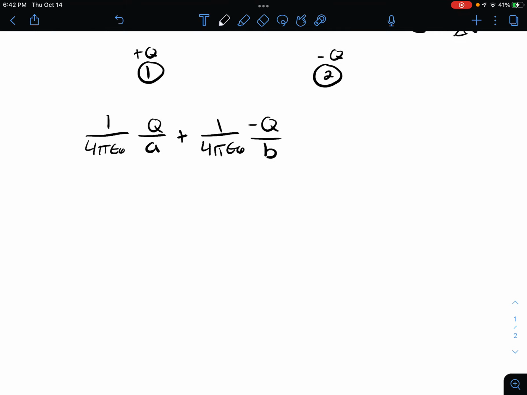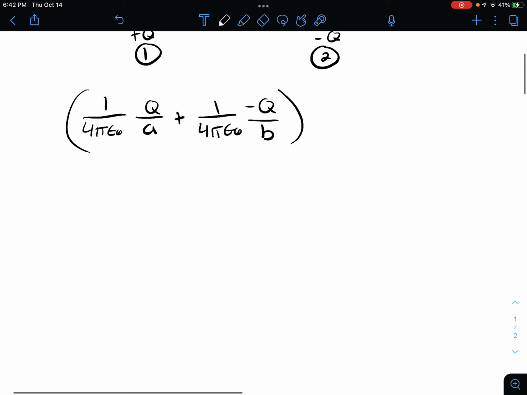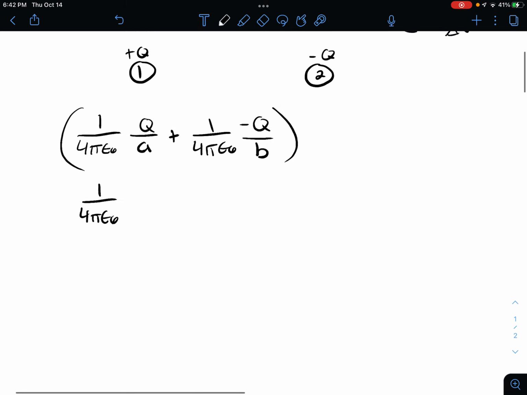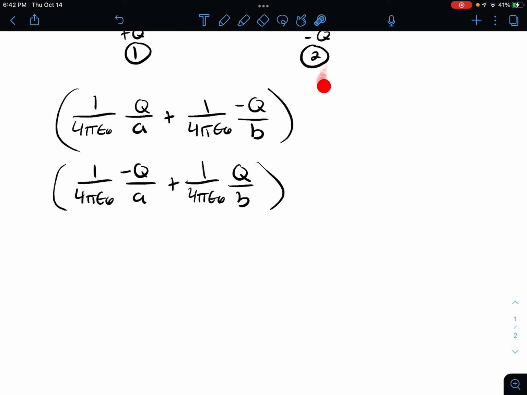So this gives us our voltage for ball 1. For the second one it's the same thing, but instead we use negative Q over a for that radius, plus 1 over 4 pi epsilon naught with positive Q over b. That's for the second ball.